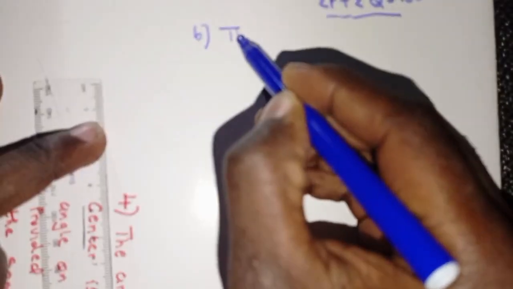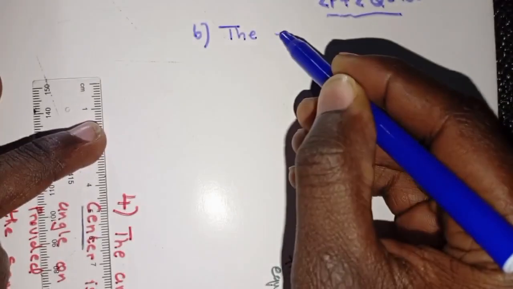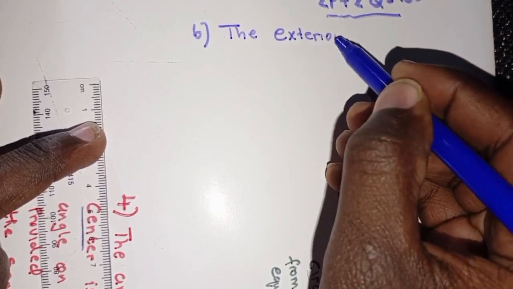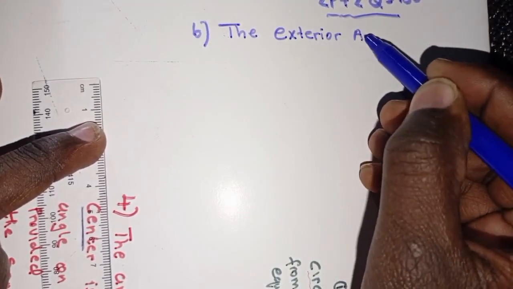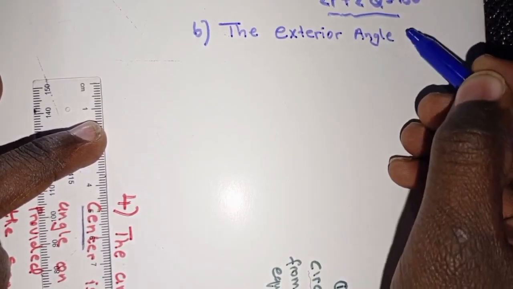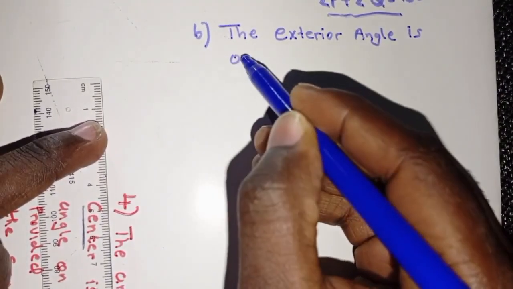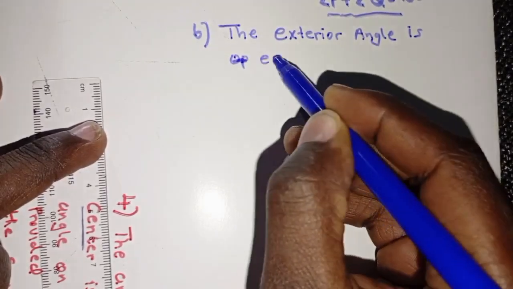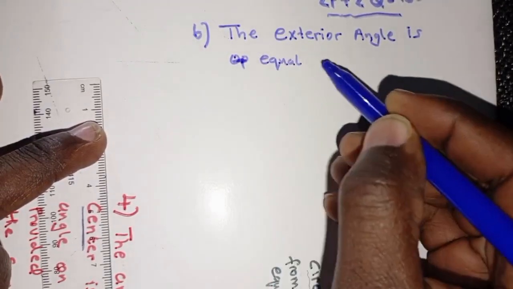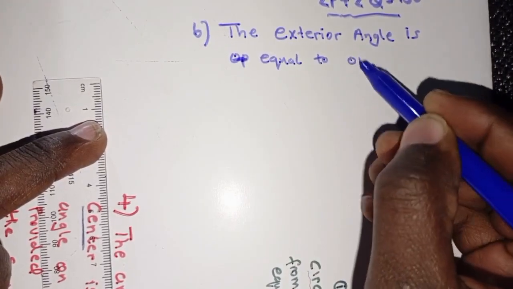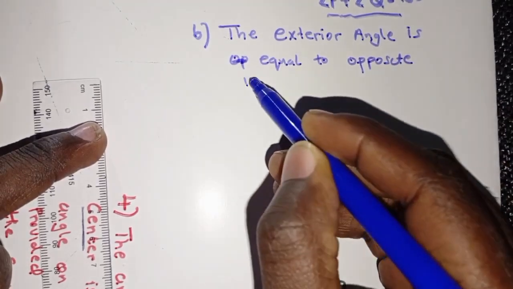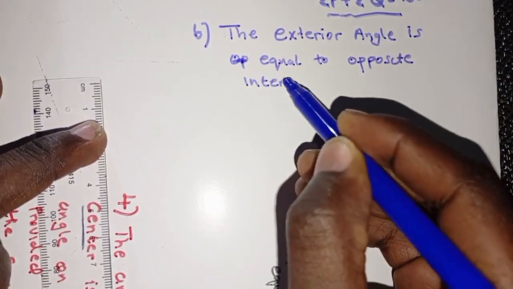According to this property, it simply says the exterior angle is equal to the opposite interior angle.